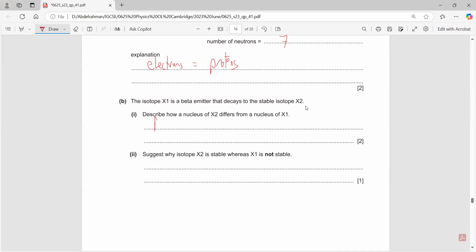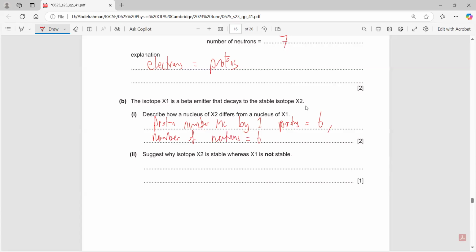The proton number increases by 1, so protons are now equal to 6. What about the number of neutrons? The number of neutrons is now also equal to 6.